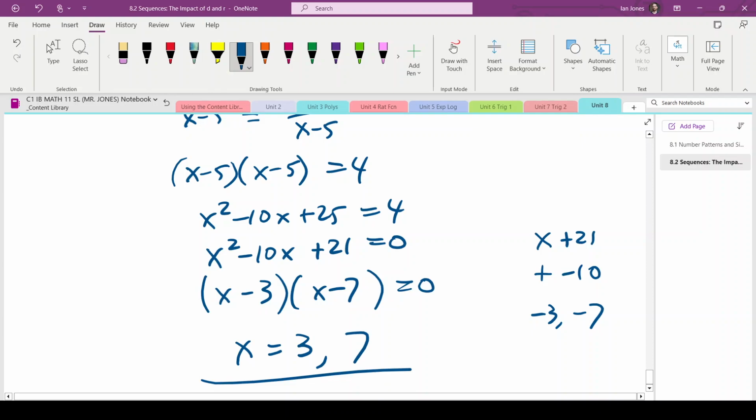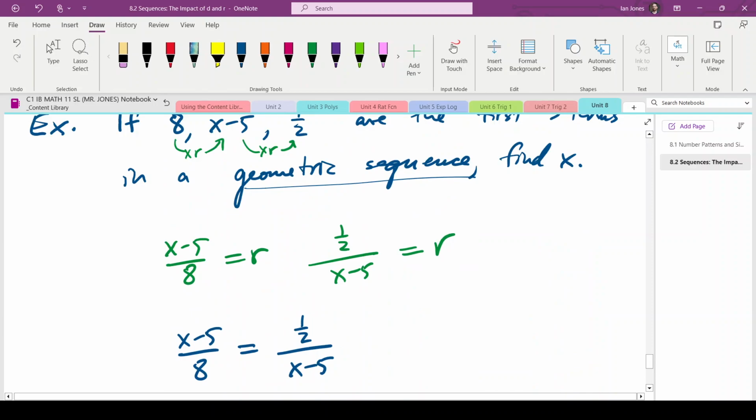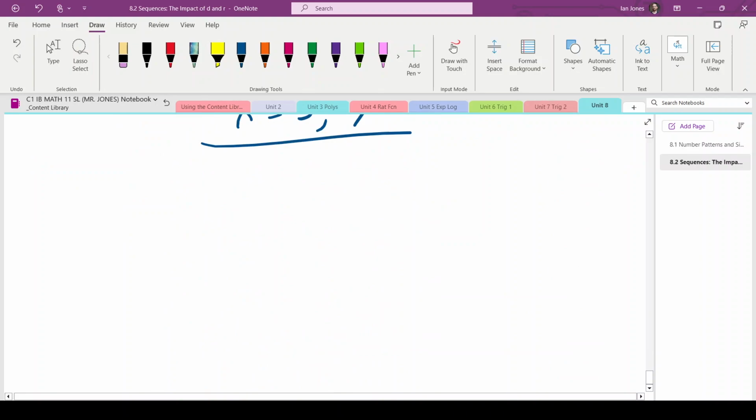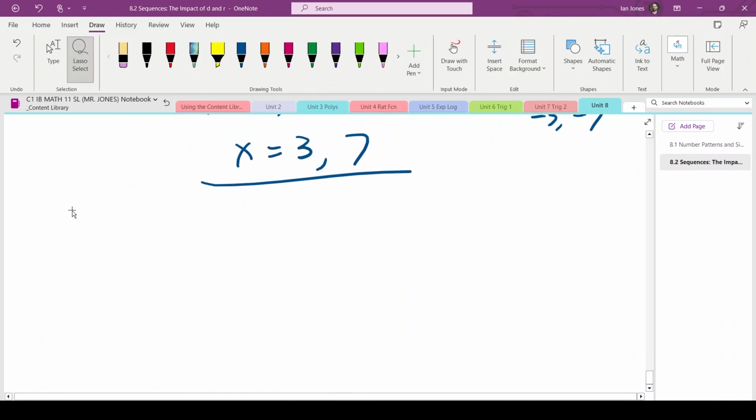There we have it. And I could end right there because they just asked me for the value of x. But let's go one step further and just see what this looks like, just to get a deeper understanding. If I copy my sequence here, the first three terms, and bring it down so I don't have to keep flipping back and forth, I'm going to substitute in the values of x.